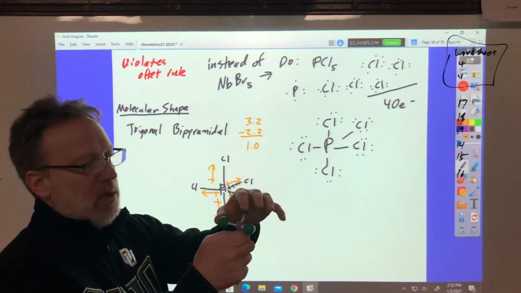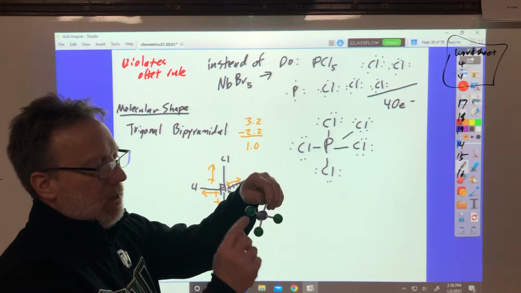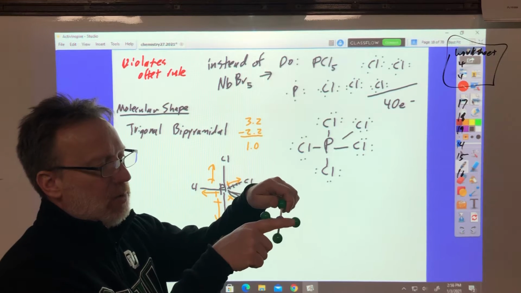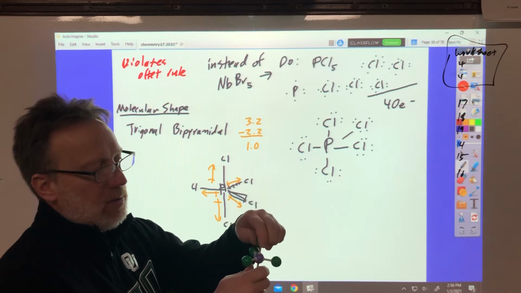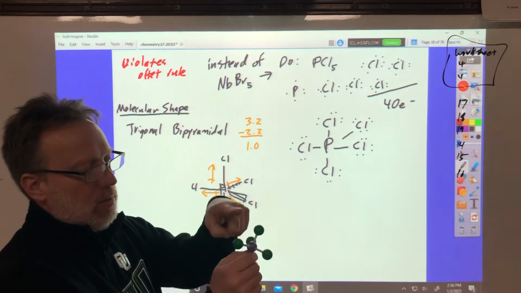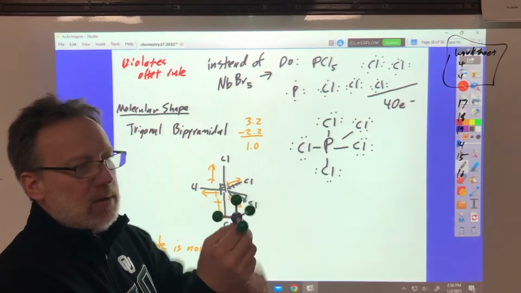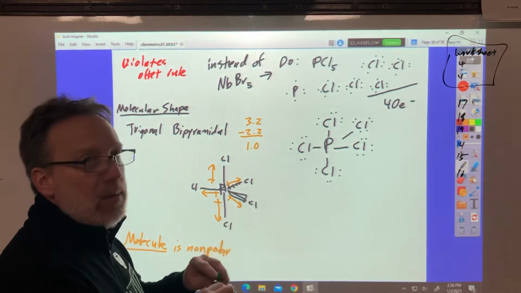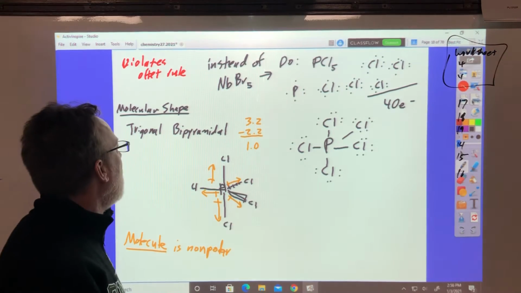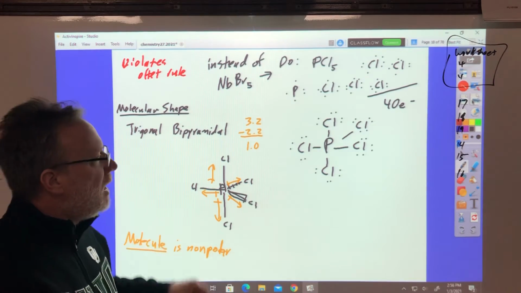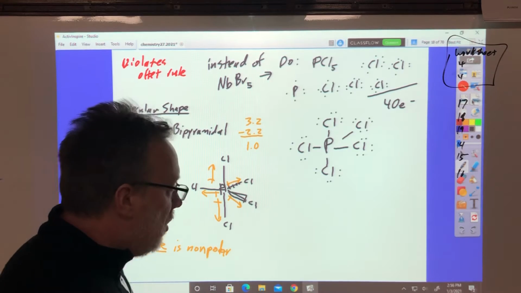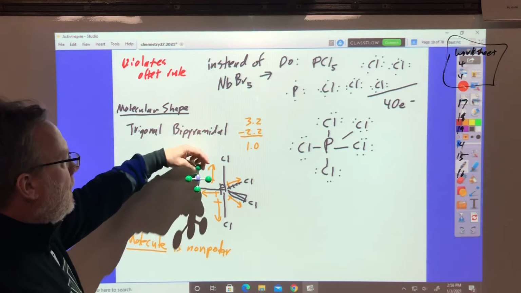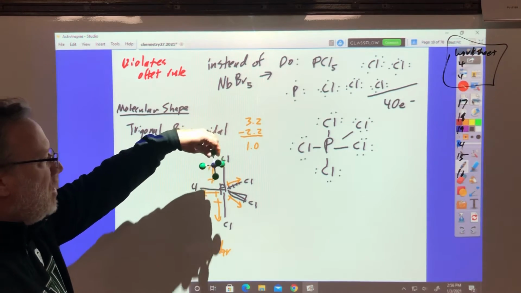So you have a little pyramid on top and a little 3-sided pyramid on the bottom. So 1, 2, 3 sides on the bottom, 1, 2, 3 sides on the top. Bipyramidal, triangular each side. So it's trigonal bipyramidal. Looks like a jack almost.